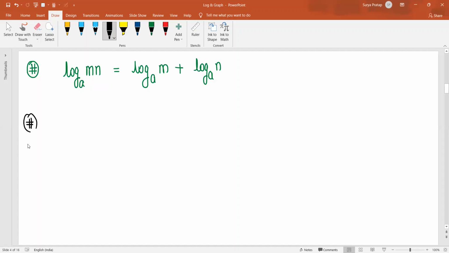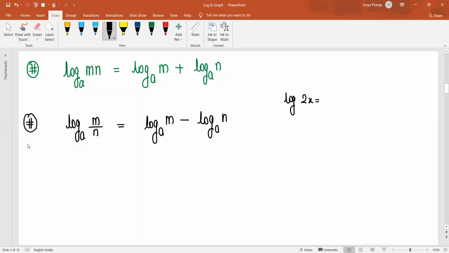The second one: if these terms are written as m over n, this will be log base a of m minus log base a of n. So if you have log 2x, you can write this as log 2 plus log x. If you have log 2 over x, you can write this as log 2 minus log x.